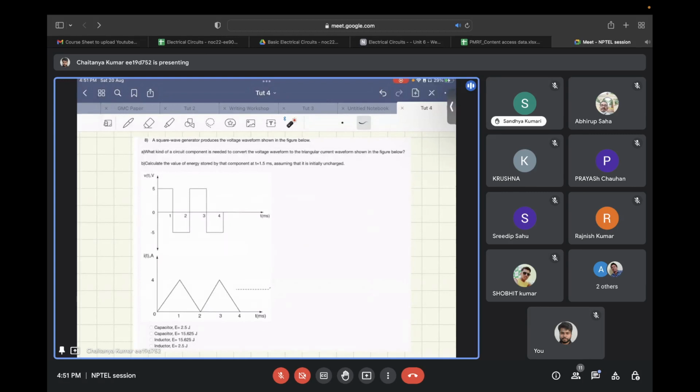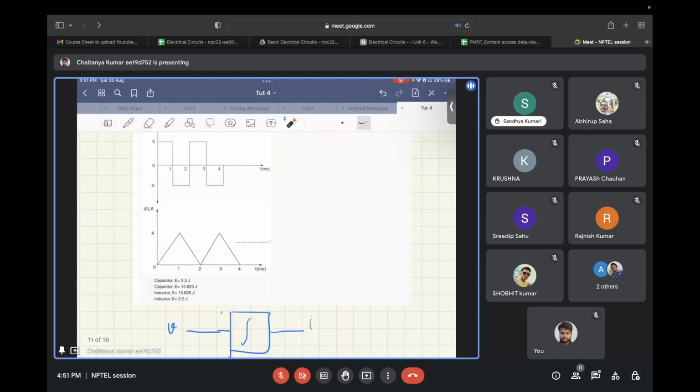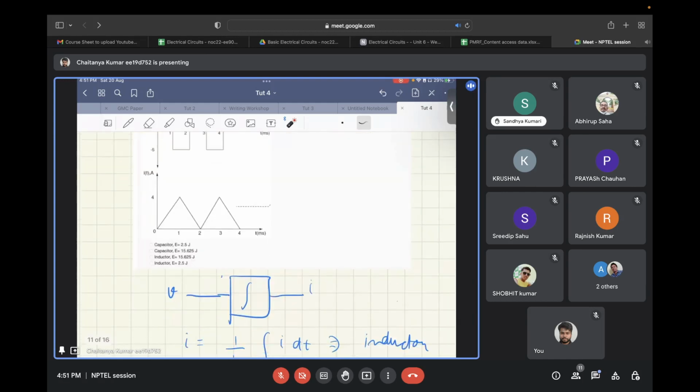Okay, so let's see the solution for this. You can see that the relation between voltage and current is such that the voltage is being integrated, since the voltage is a square wave and the current is a triangular wave. That means the voltage is being integrated through the element to get the current.